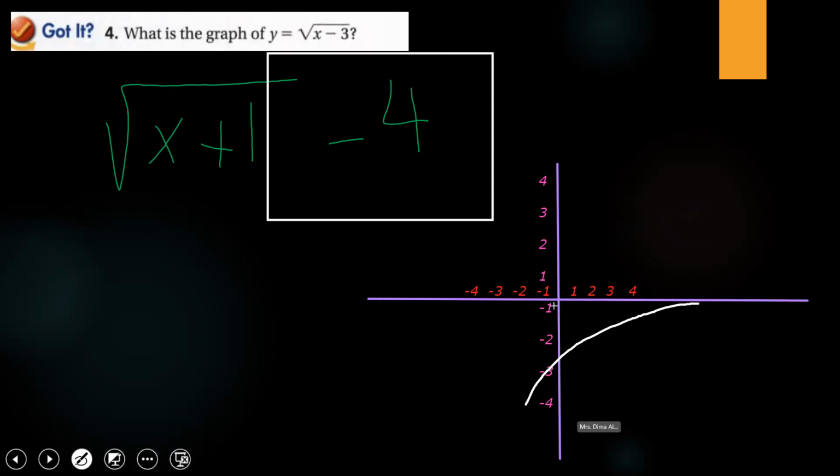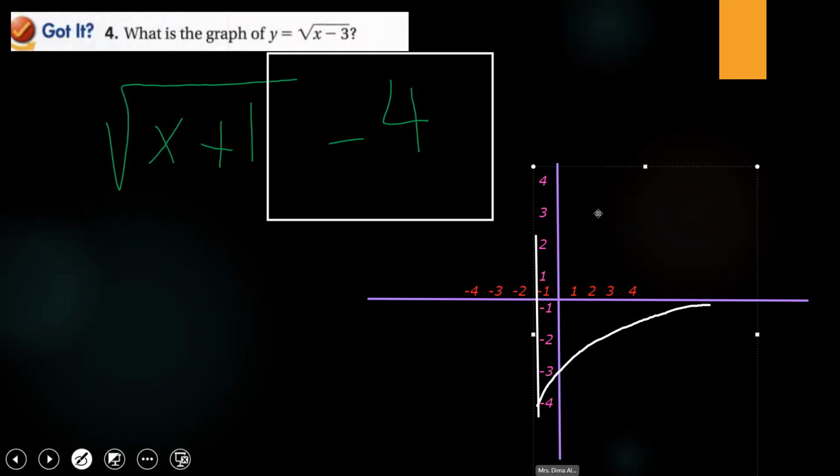You have to stay at this line here. At point -1, shift it down 4 units, and it will be here. Is it clear? Yes, teacher.